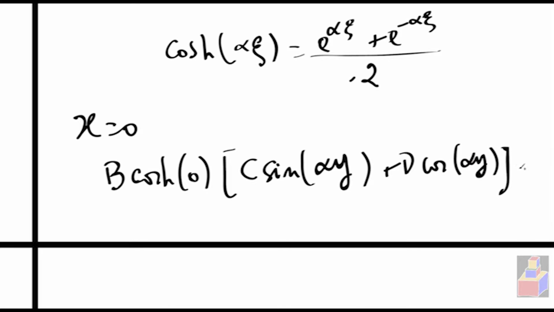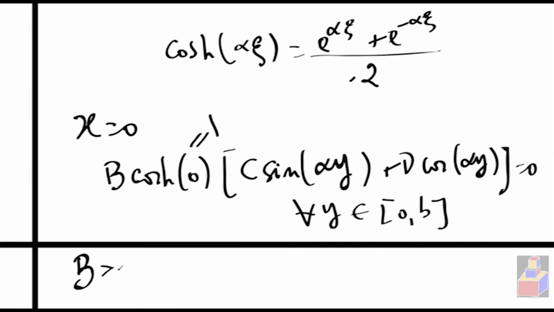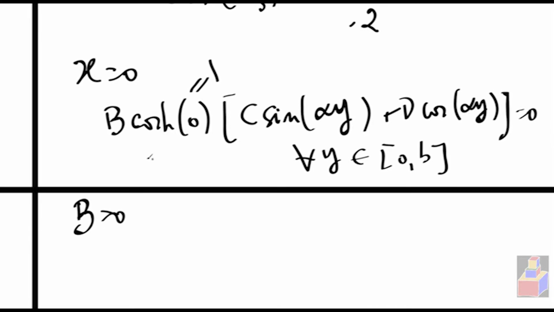So we try that, and we have this equal to 0 for whichever value of y between 0 and b. So the only possibility of making this 0 without making the function a total null function is to make b equals 0. So we can choose b equals 0, okay? So that satisfies the boundary condition at x equals 0. So now our function is something like this.